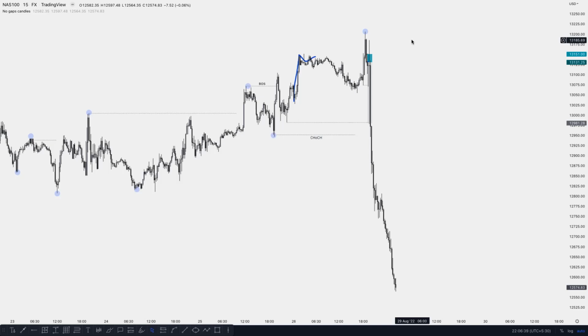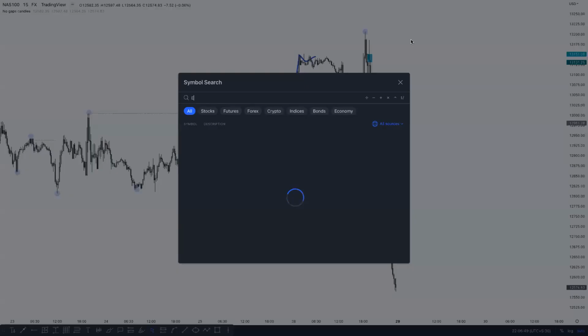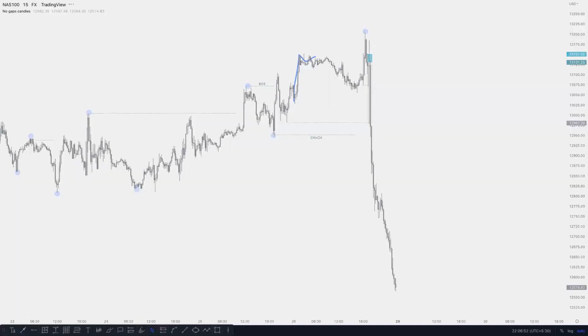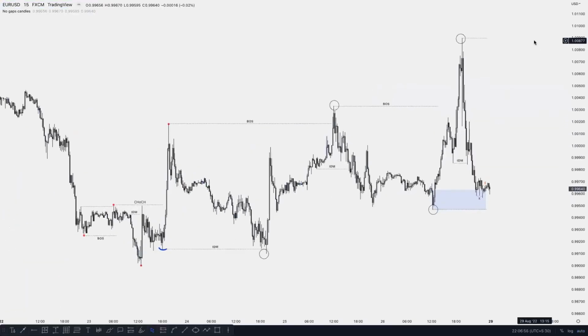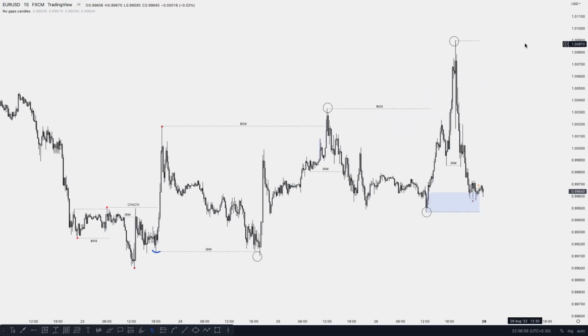I want to ask you something in the EURUSD chart, 15 minutes. Can you switch to EURUSD? Yes, okay, wait a moment. Please zoom in to the current price, which is here.